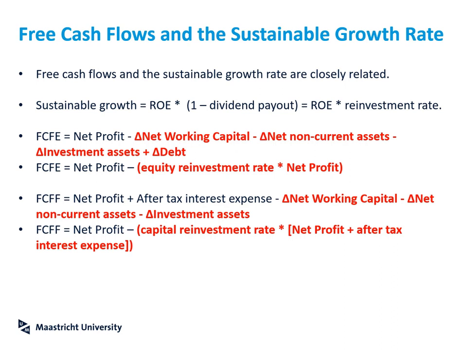So the two are really closely related. The adjustments that we make to net profit to go to the free cash flow are equal to these reinvestment rates times the net profit in case of free cash flow to equity and times net profit plus after-tax interest expense in case of free cash flow to the firm.